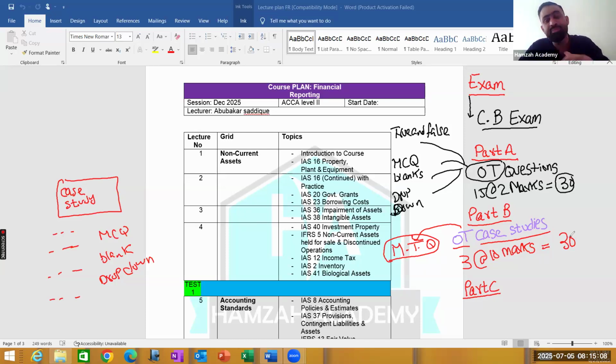So 60% of your exam will be in the form of objective questions: MCQs, fill in the blanks, true and false, drop down, matching boxes.